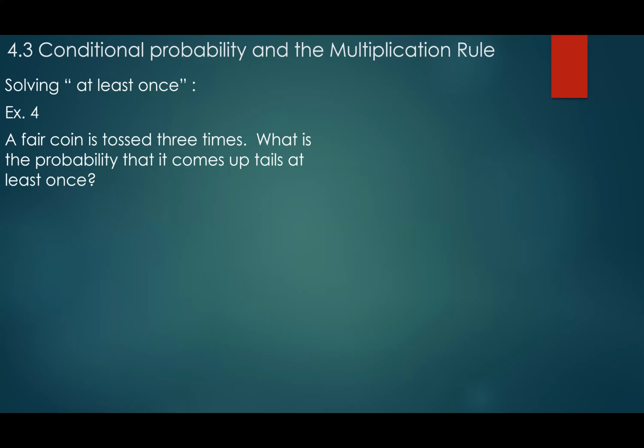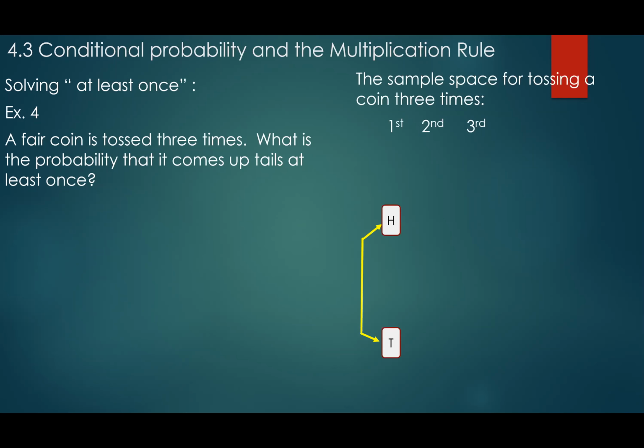This is the sample space for tossing a coin 3 times. The first time I flip the coin, I will either have a head or a tail. That's 50-50, right?